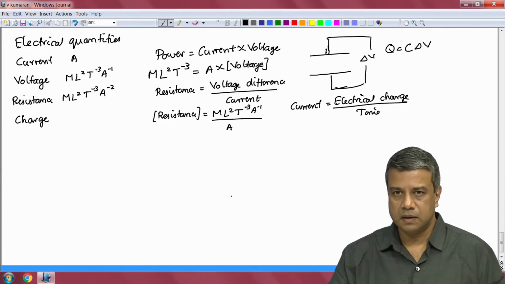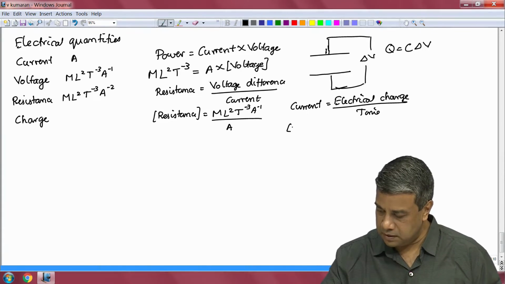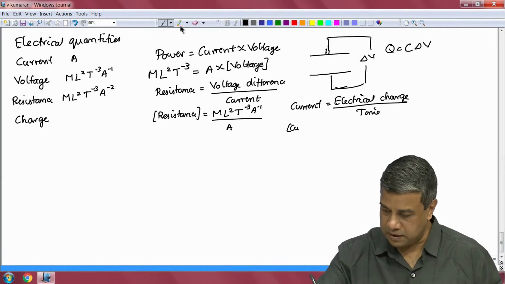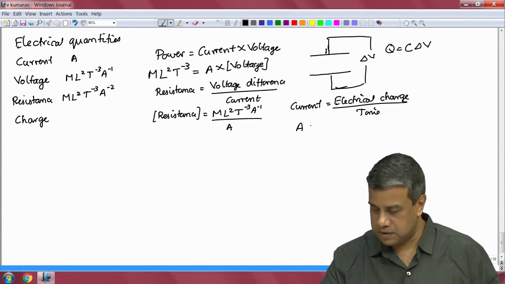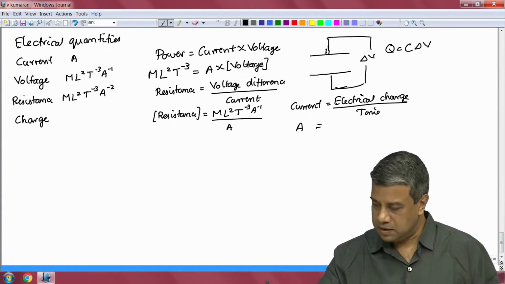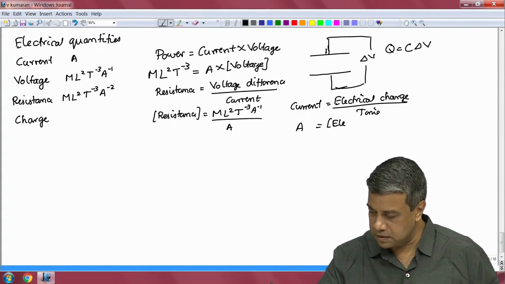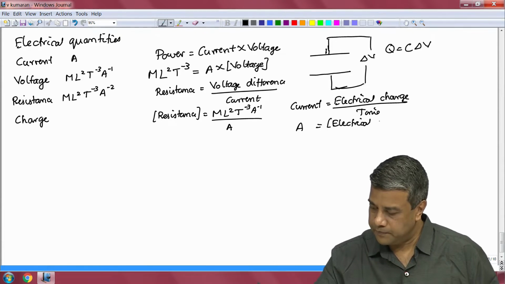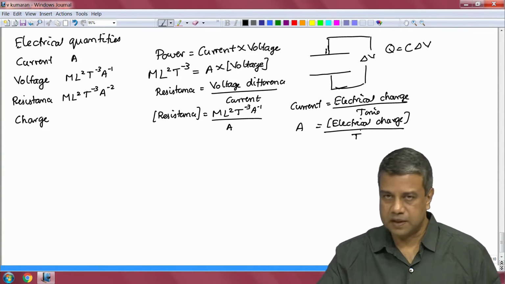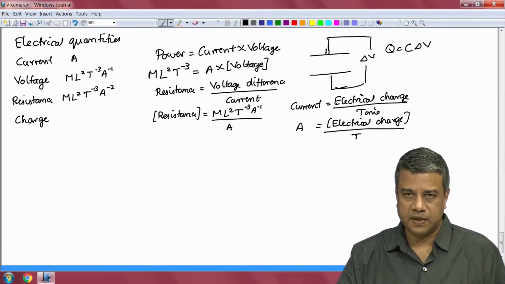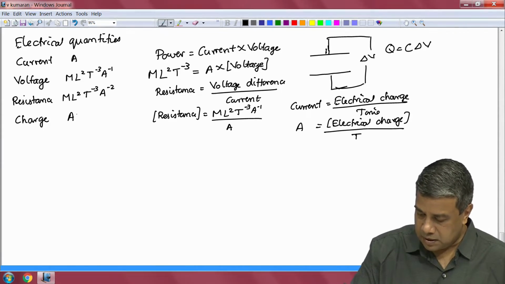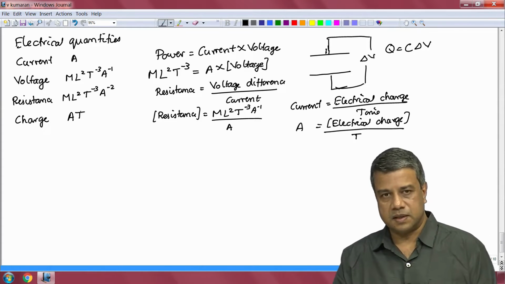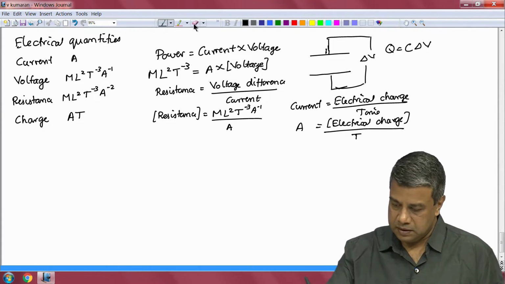Therefore, the dimension of current, which is amperes A, is equal to the dimension of electrical charge divided by the dimension of time. Therefore, the dimension of electrical charge is basically the current into time. So that is the dimension of charge.